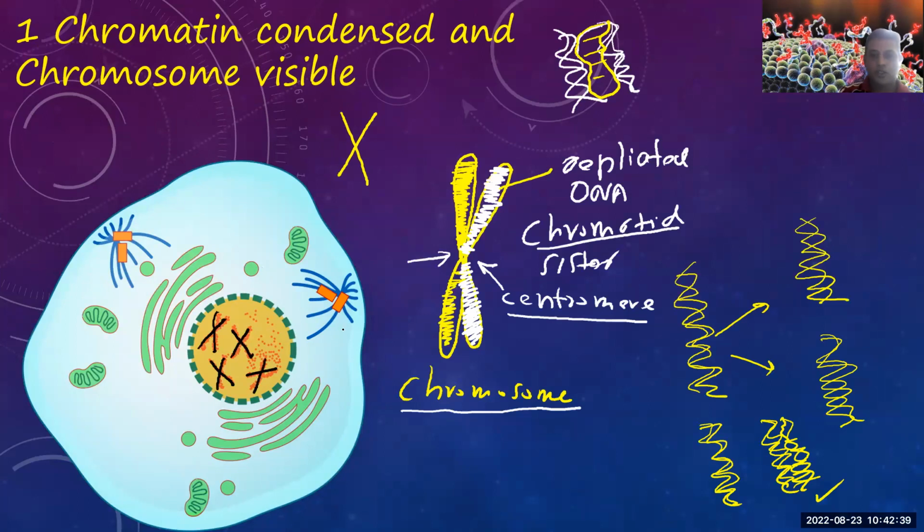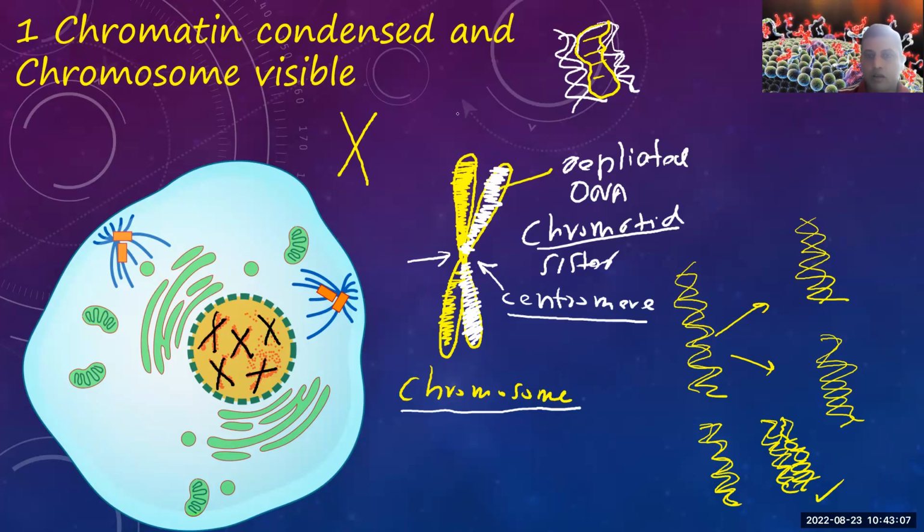But if you understand such a small nucleus, with 46 chromosomes, and even after duplication, it's very dense. So it's very dense. We cannot clearly see this appearance. We can't see 46 chromosome molecules like this, right?